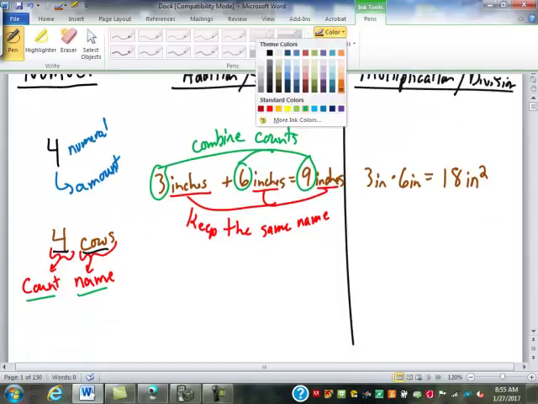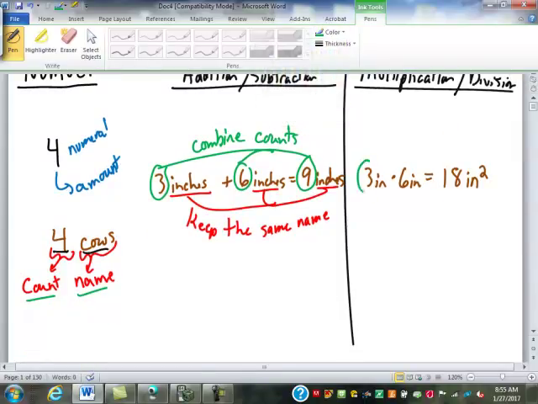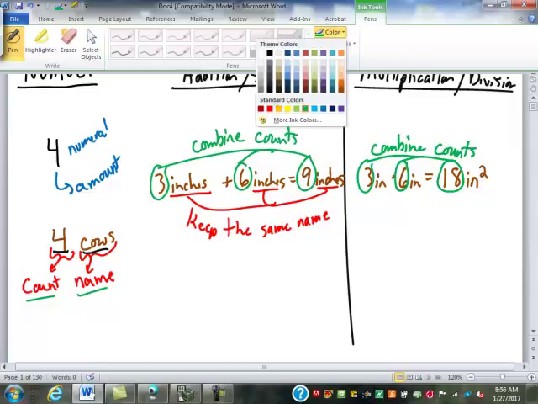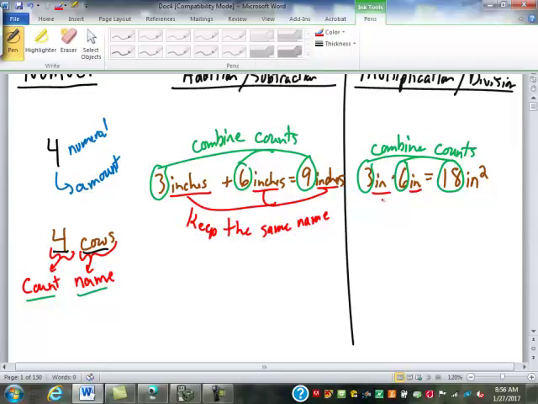So if we look at what happened here with our count and our name, we still have counts of 3 and 6. It became 18. So we combine the counts to get 18. This time, since we're multiplying, we combine the counts with multiplication. The difference comes in the names. We had inches and inches, and it became square inches or inches squared.